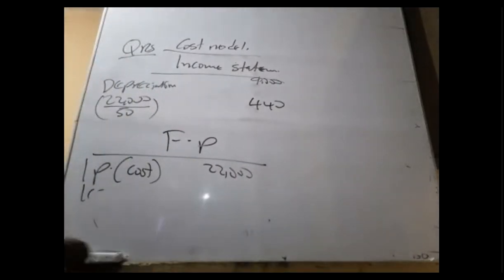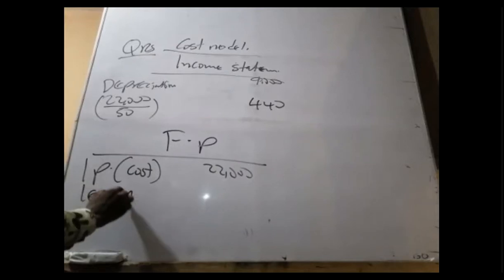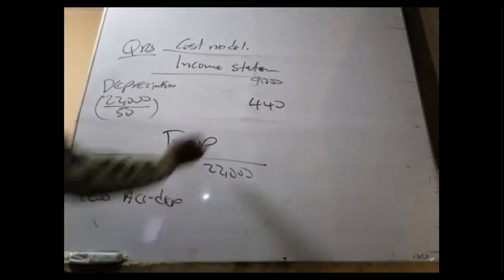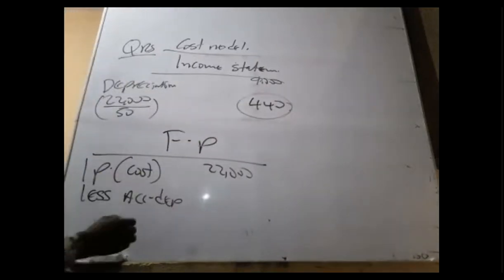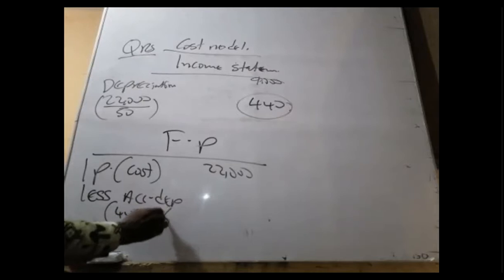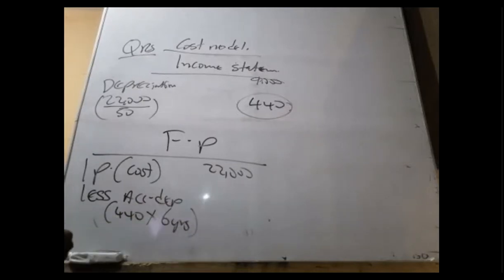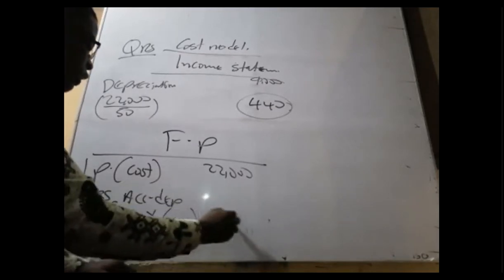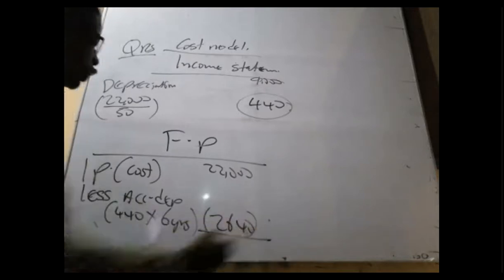In fact, I should even use that approach so it can be fast: less accumulated depreciation. This is a full year depreciation, so by 6, right? 440 by 6 years. And that will be, press online, 440 times 6, 2,640. So 2,640, you take it off.